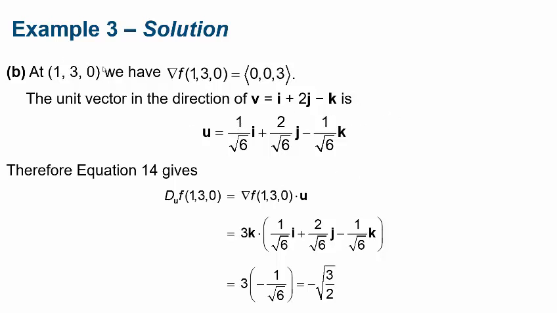Plugging this point into the gradient vector also gives us this vector right here. So, therefore, by equation 14, the directional derivative of our function at the point (1, 3, 0) in the direction of this vector ends up being the following. You can work out the dot product yourself to see this.